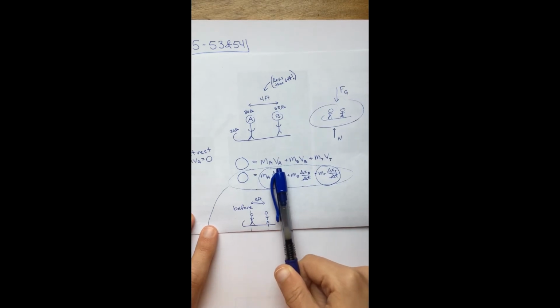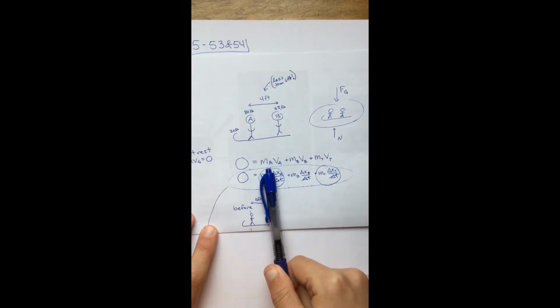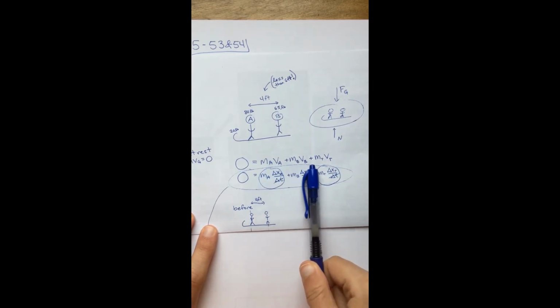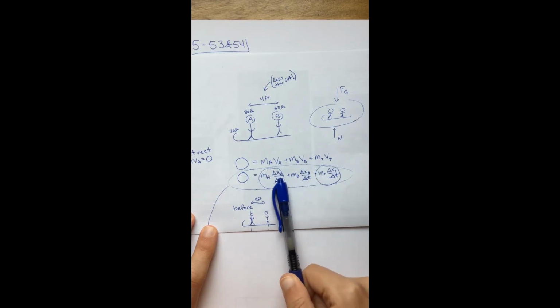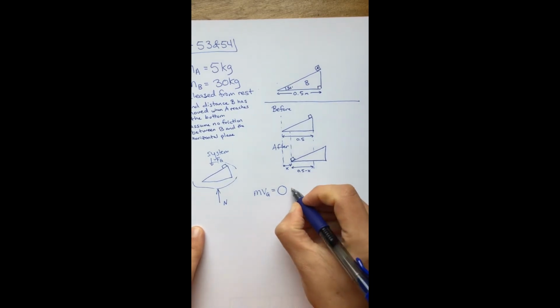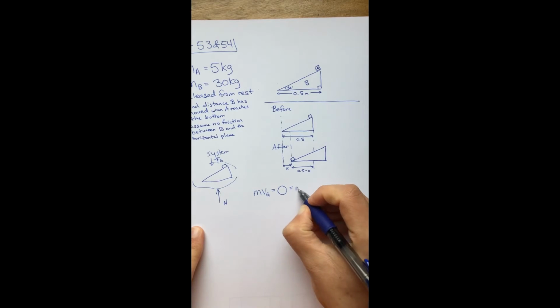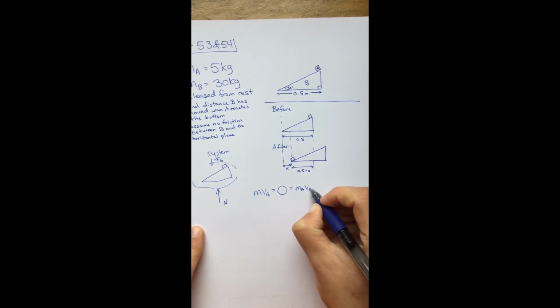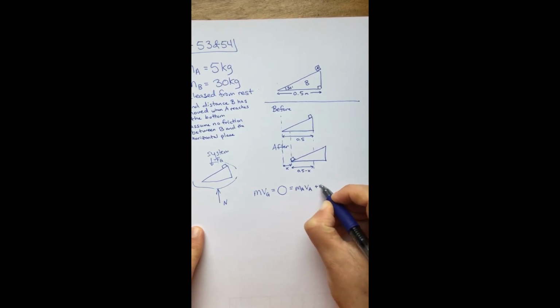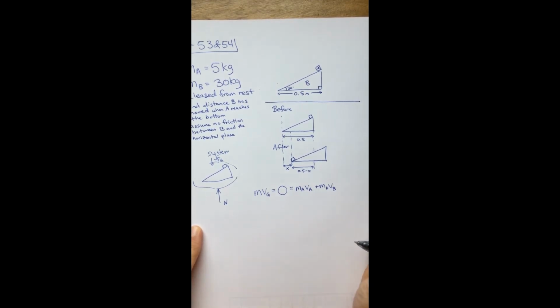So in problem 50, we wrote out the momentum as the sum of the momentum for each object, and then we said we could write the velocity as the change in position over the change in time. We're going to do the same thing here. So the position of the center of mass does not change, which means that at every point along the way, mass A times velocity A plus mass B times velocity B must be equal to 0.